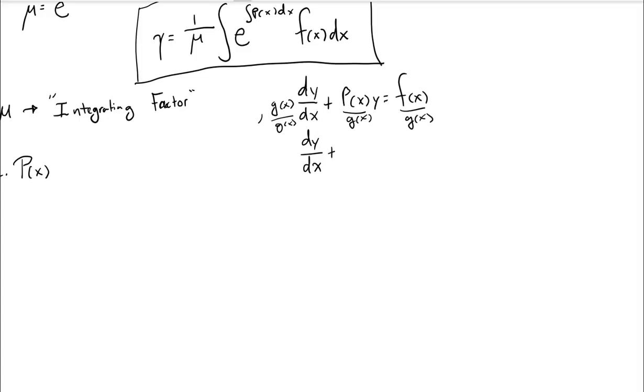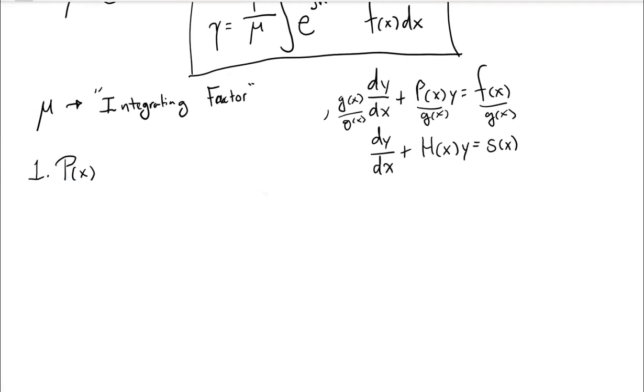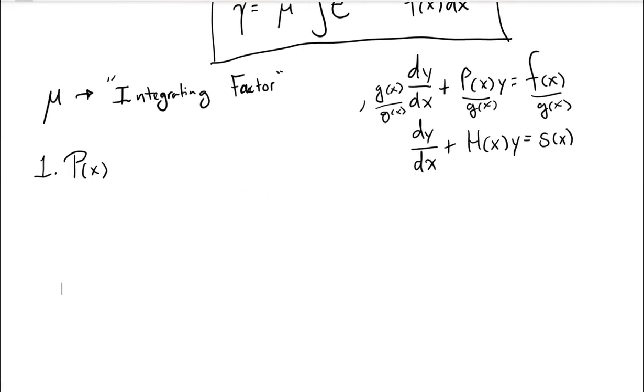So dy/dx would then equal some new function, I'll write h of x times y, and then some new function here, and I'll write s of x. Now, once we've determined our p of x, which is the function that's multiplied by our y, then what we will do is find our integrating factor. So mu will equal e to the integral of p of x dx.